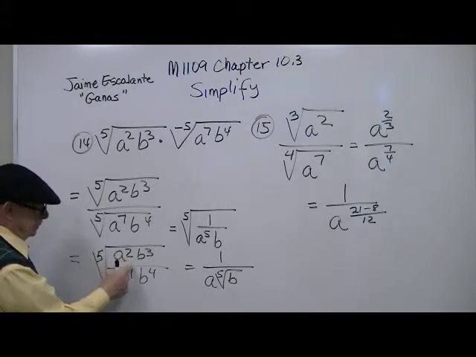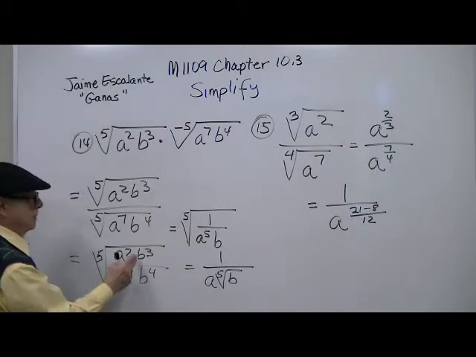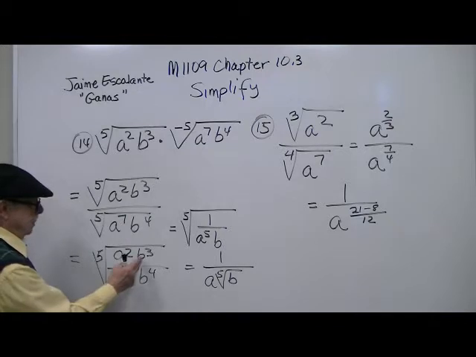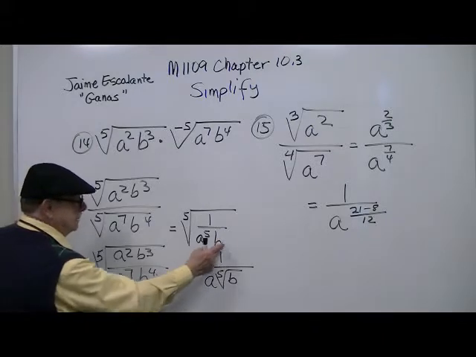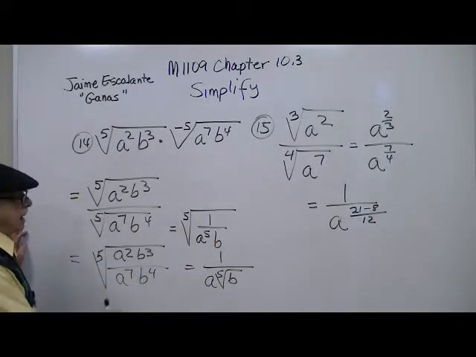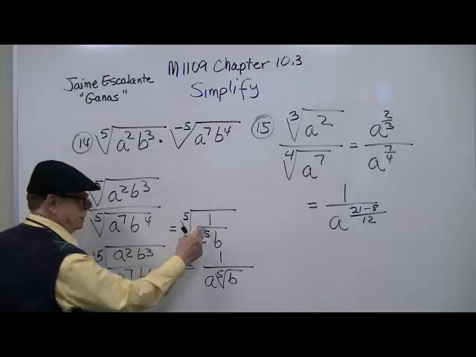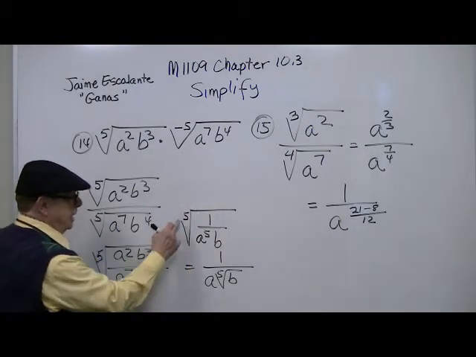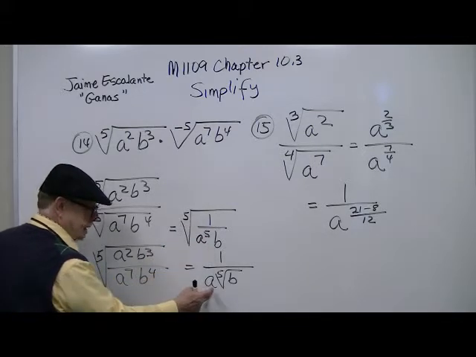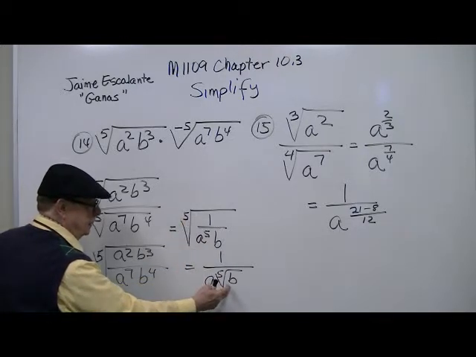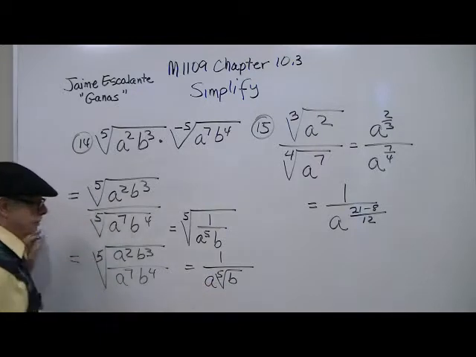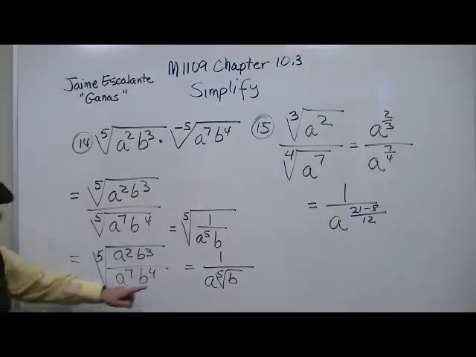So I brought the 2 down, and that became a 5. Remember, there was a 1 still up there in the denominator. Brought the b to the third down, that became a -3, and that left me with this. Now I took the 5th root of 1, which is 1, and the 5th root of a to the 5th, which is a, and I'm left with the 5th root of b under the radical sign. So that is the answer.